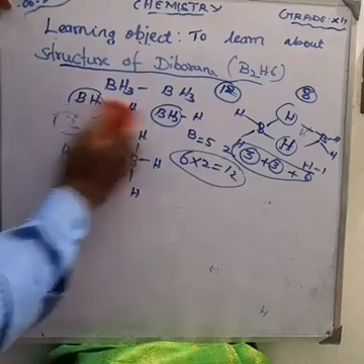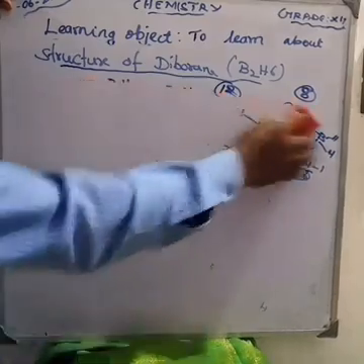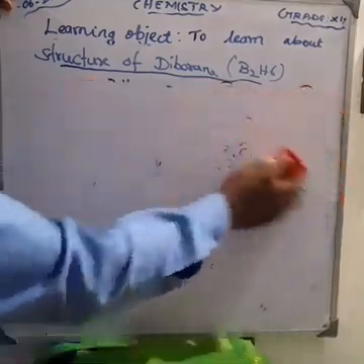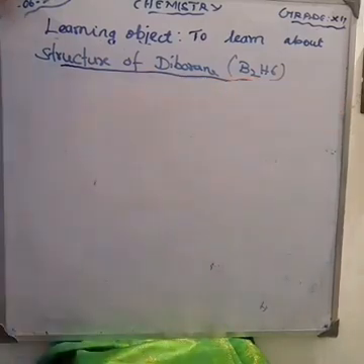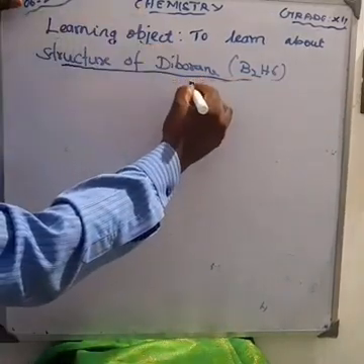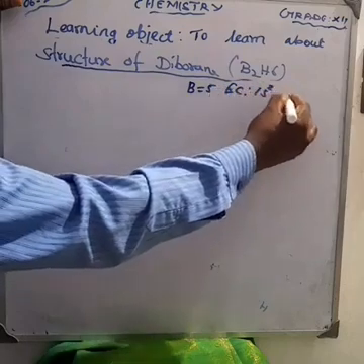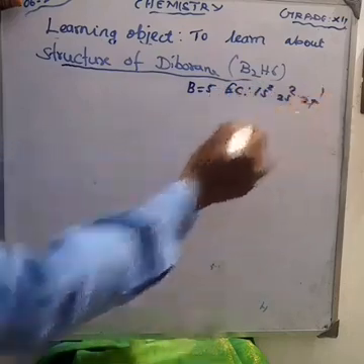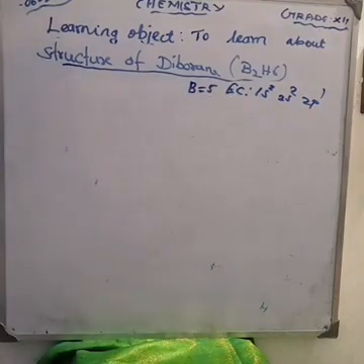Okay, let us discuss one by one. First you have to write the electronic configuration of boron. What is the atomic number of boron? It is equal to 5. EC is equal to 1s2, 2s2, 2p1. What is EC?